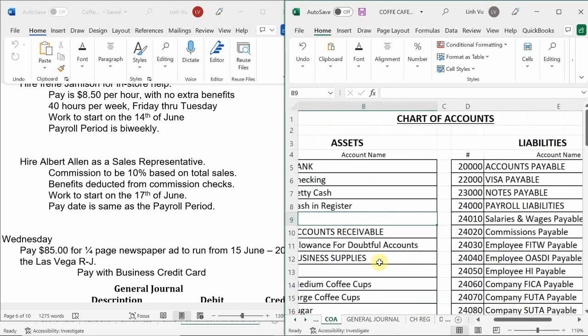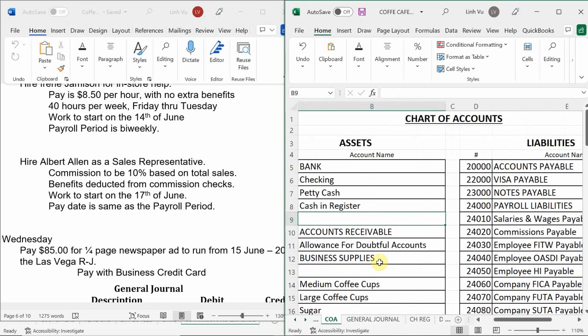A Visa credit card, yes, but in this case, what type of account is a Visa credit card going to be? The Visa payable. Right, it's a liability.